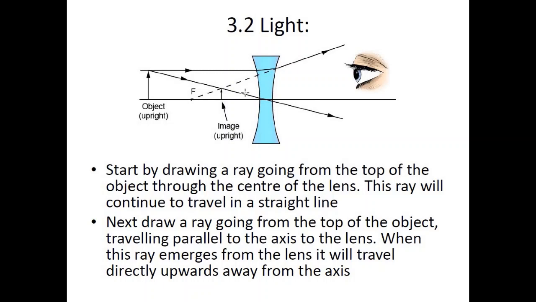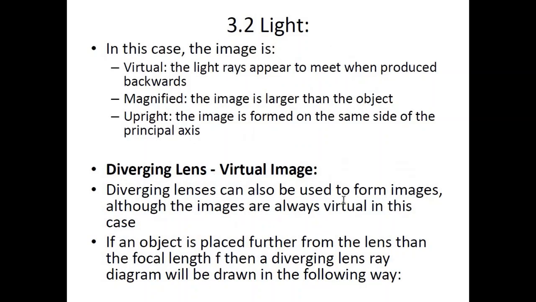The eye cannot be over here, as the focal point is always before the diverging lens. Now if we have placed an object after the focal point, the image would be formed like this.